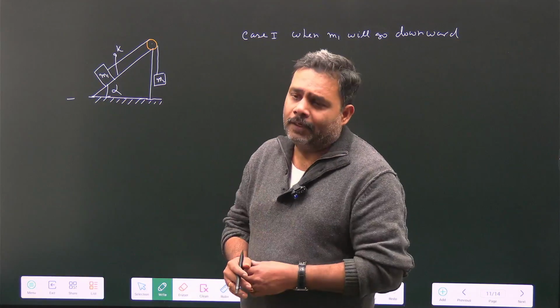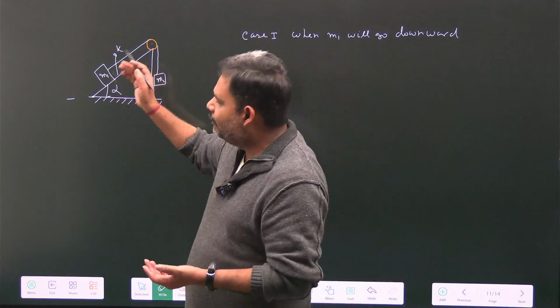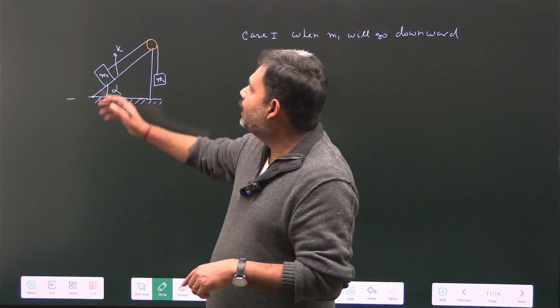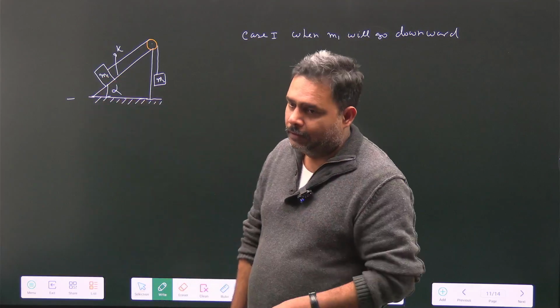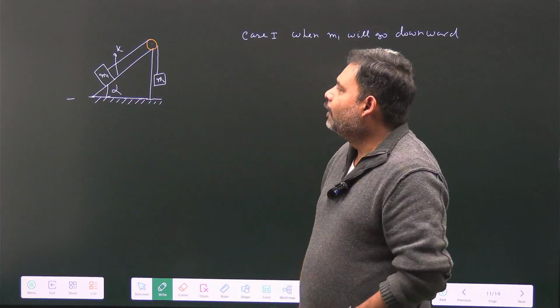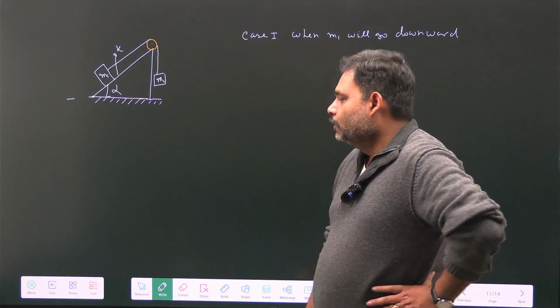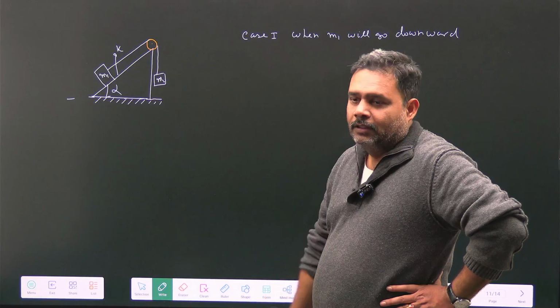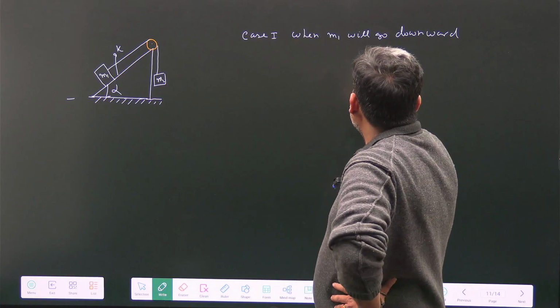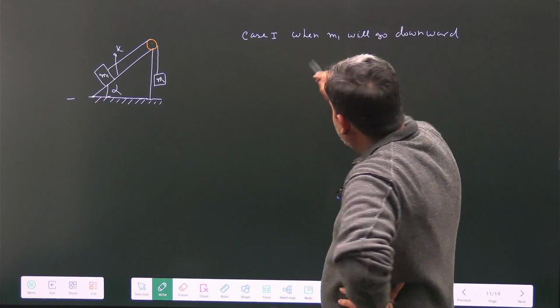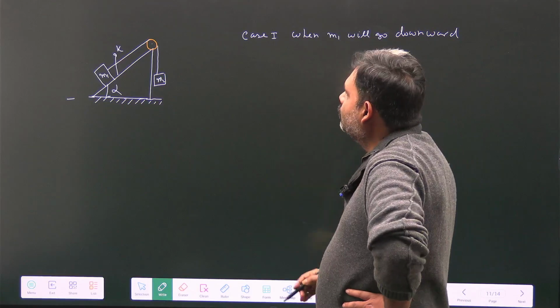This is very important because the direction of friction will depend on the direction of motion of m1. So let's make the free body diagram and write the equations for case one, when m1 is going downward. Okay, so let's see what is going to happen.